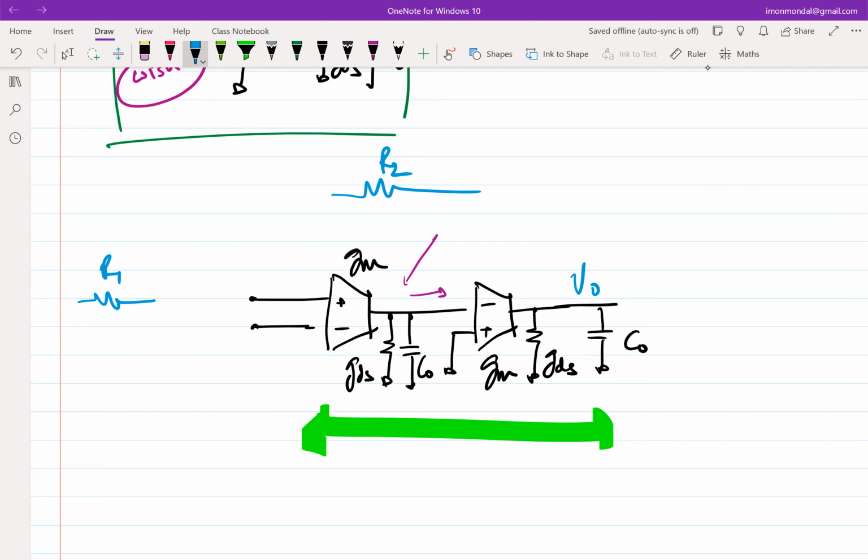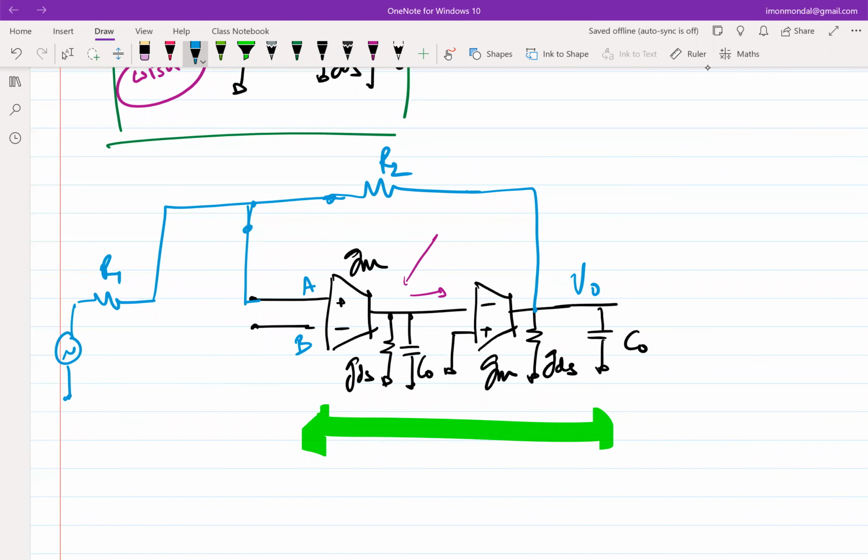Will it go to the plus terminal of the first OTA or the minus terminal? Or rather this node. So these two are connected, right? So this node goes to terminal A or terminal B. And this also goes here, right? It will go to A, right? Because only when it goes to A, you go around the loop and you see there is a negative feedback, right?